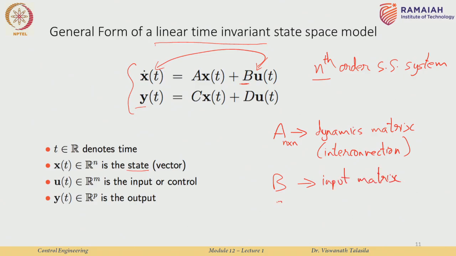Next, we have this matrix C, and C can be called the output matrix. We have already seen in the case of the mass spring damper, we had an example where we wanted to measure only the position.